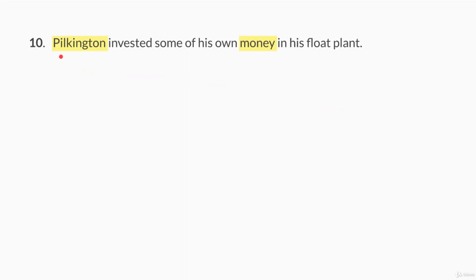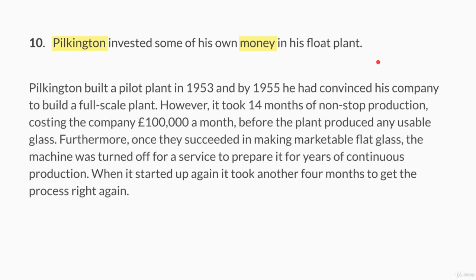So here's our question number 10. The question says, Pilkington invested some of his own money in his float plant. Here's our paragraph. I've taken this from the reading passage. The first thing that we're going to do is scan this portion of the reading passage for keywords, and right away we see that Pilkington appears at the beginning of this paragraph.